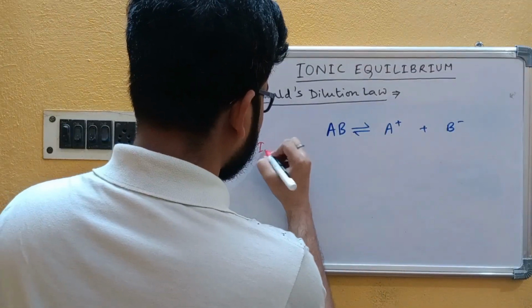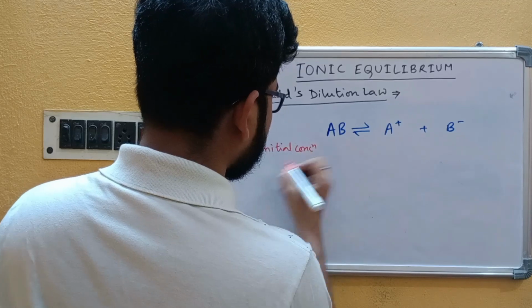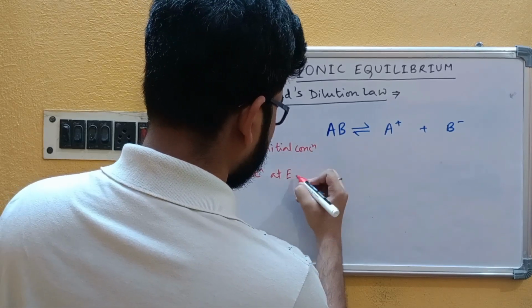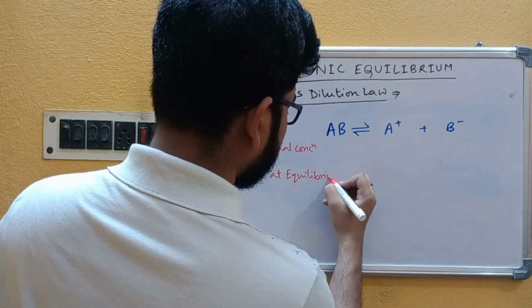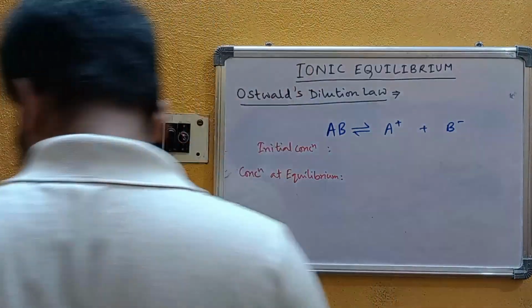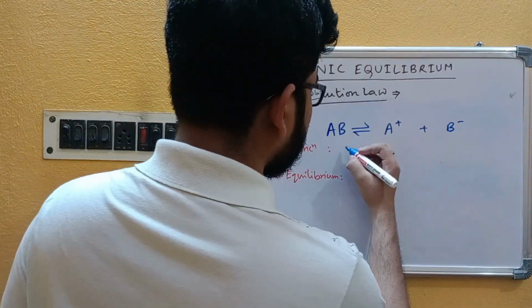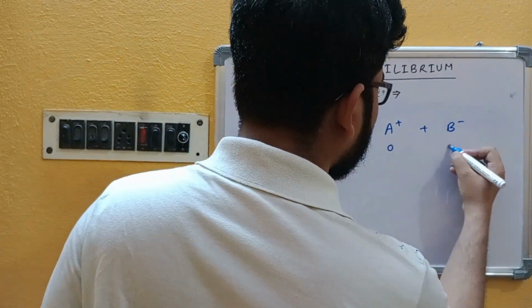Here we write the initial concentration and the concentration at equilibrium. Suppose initially the concentration of AB is C, then initially there is no A plus and B minus.